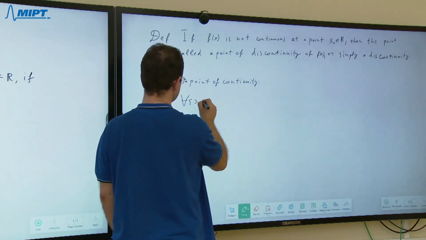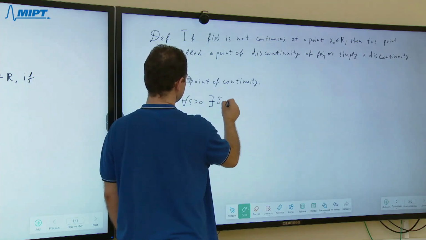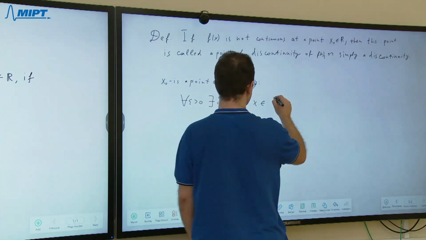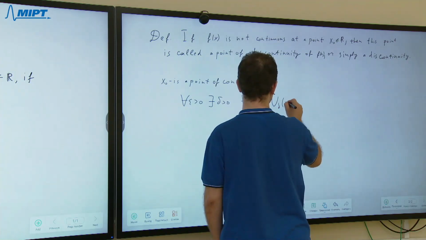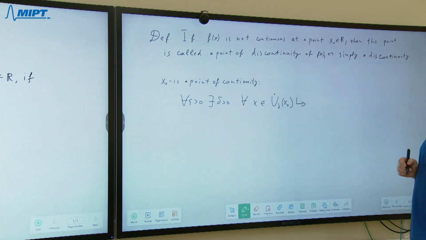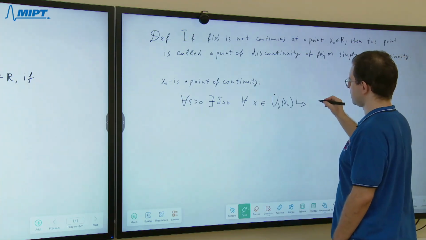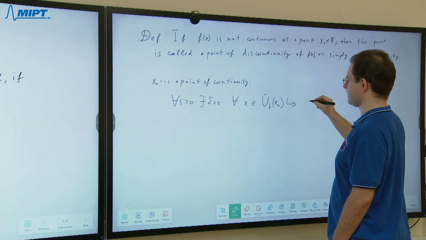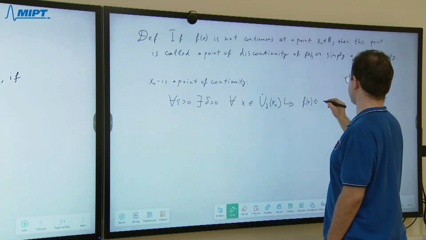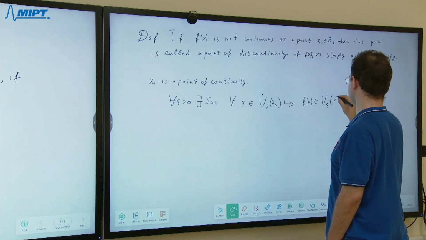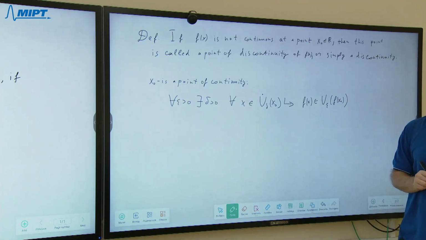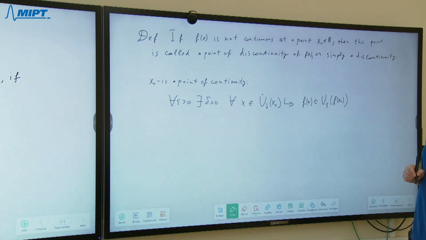For any epsilon, there exists delta, such that for any x from deleted delta neighborhood of x0, it follows that f of x is from epsilon neighborhood of f of x0. This is just the definition of a limit of my function.